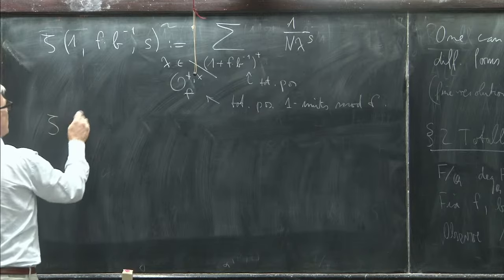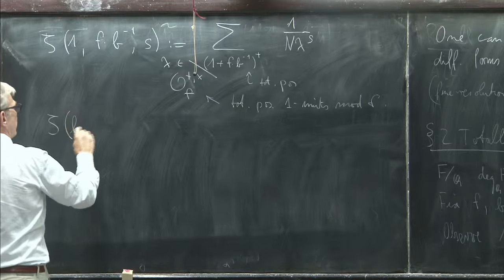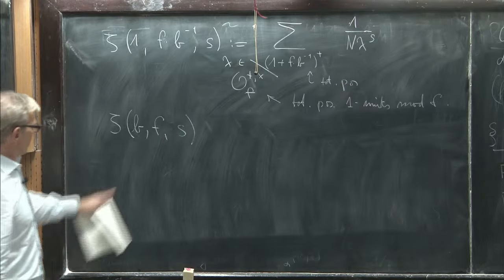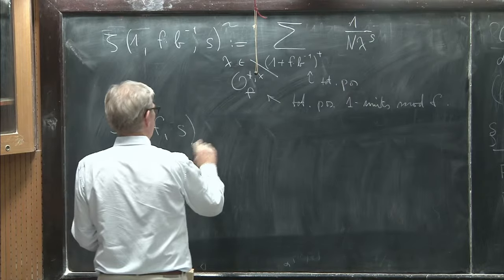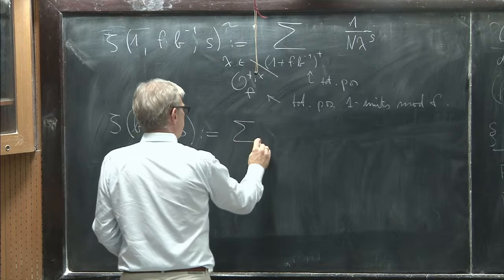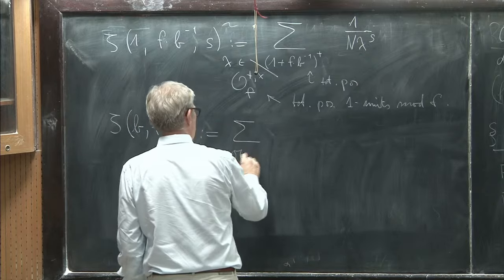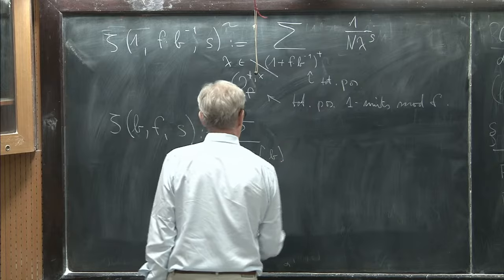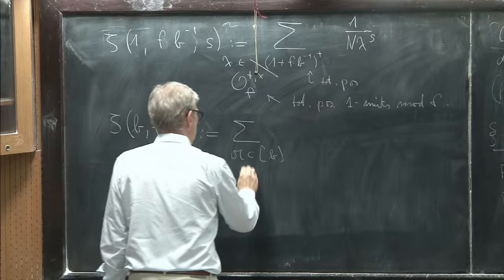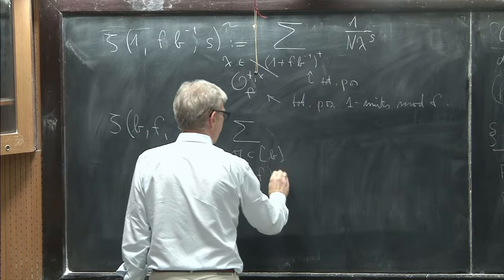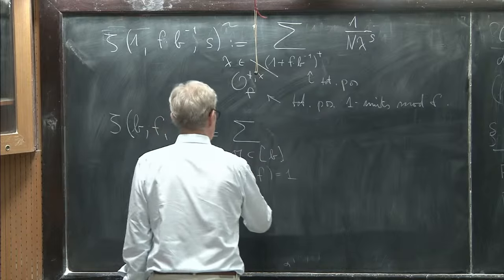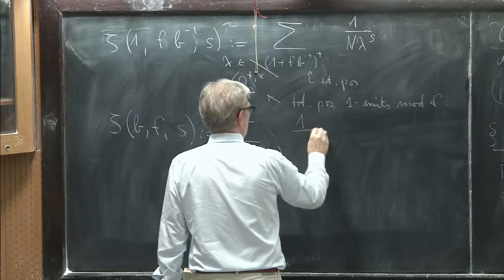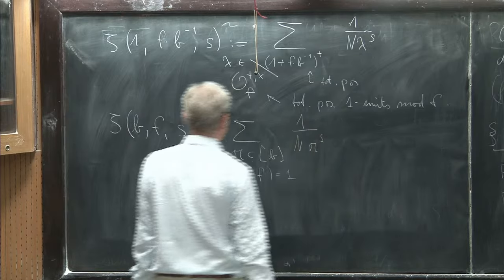More classically, these are written as follows. You have the ray class functions for the ray class of b, and they are defined as follows. This is the sum over all integral ideals in the ray class defined by b, and a has to be coprime to f, and so that is integral, and then you do 1 over norm a to the power s.